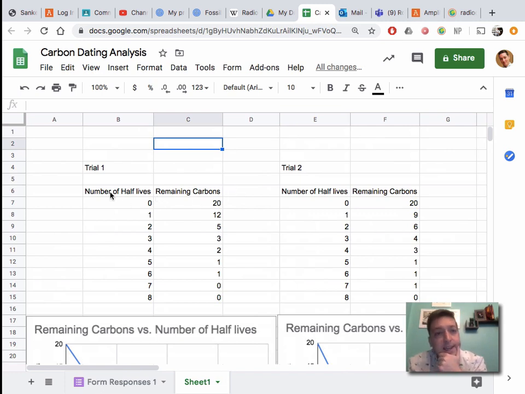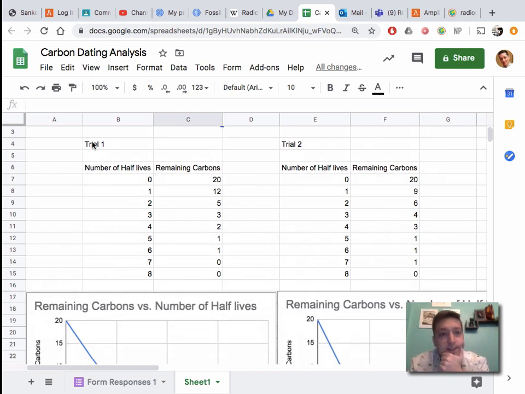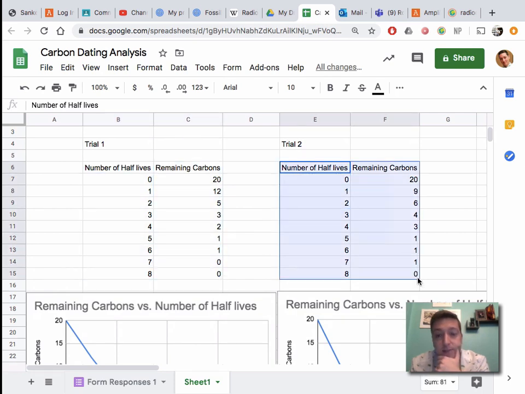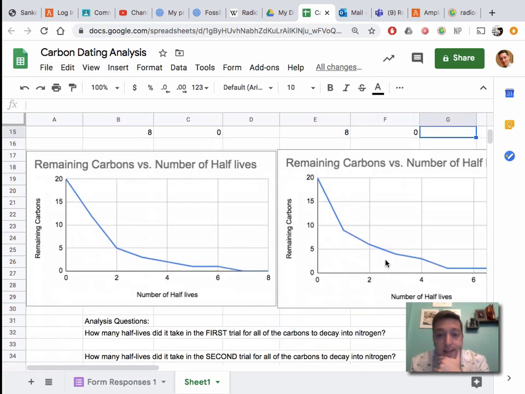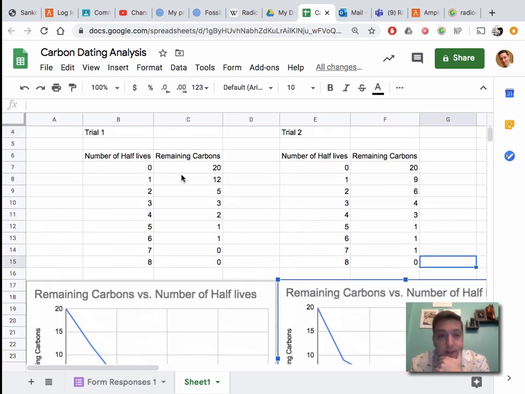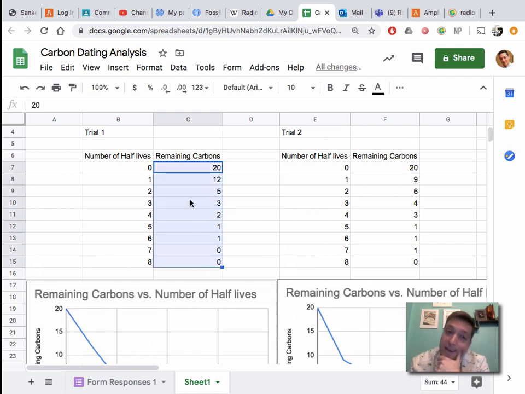I put my data into this Google Sheet, which is basically like Microsoft Excel. I put my trial 1 here and my trial 2 here, and then I generated a graph for each one. What I want you to do is replace my data for the remaining carbons with your data.